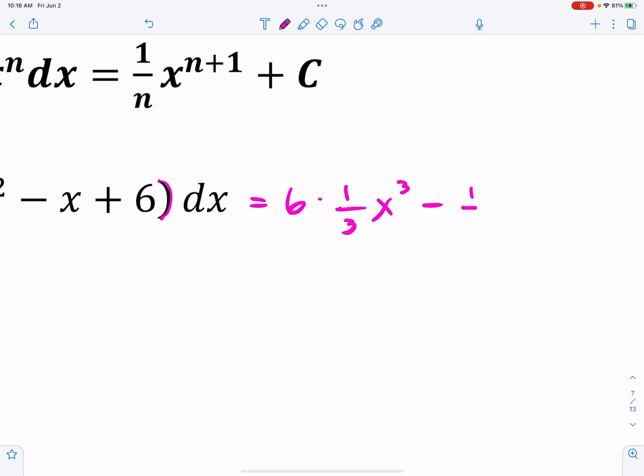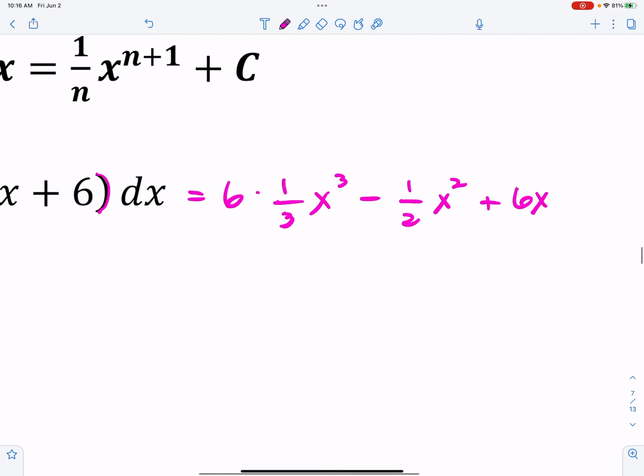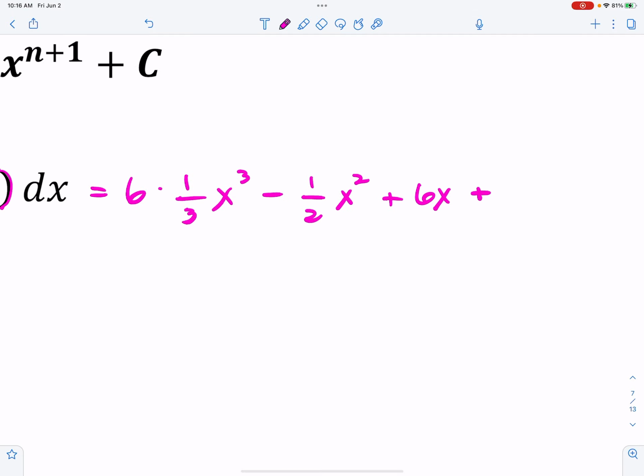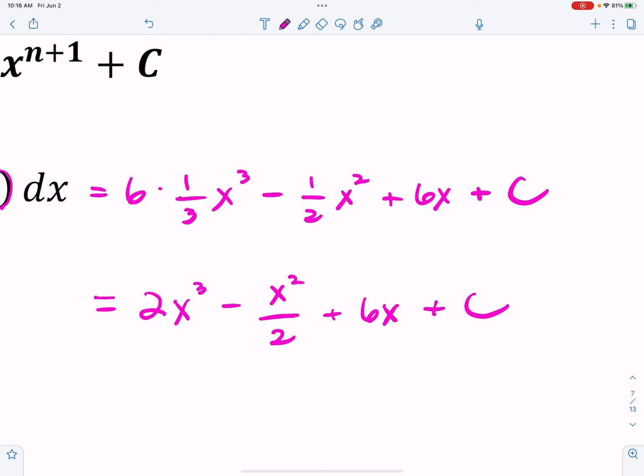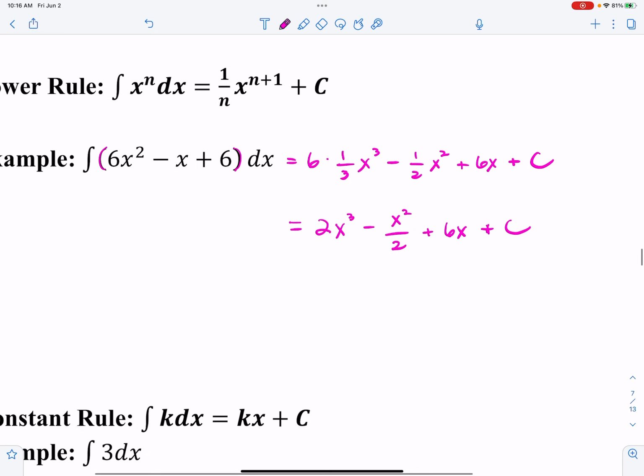And then minus 1/2 x squared plus 6x. And then you have to remember plus c. So just cleaning that up a little bit, that's 2x cubed minus x squared over 2 plus 6x plus c. And you can do that in your head. You don't have to write that first step if you can do it in your head.